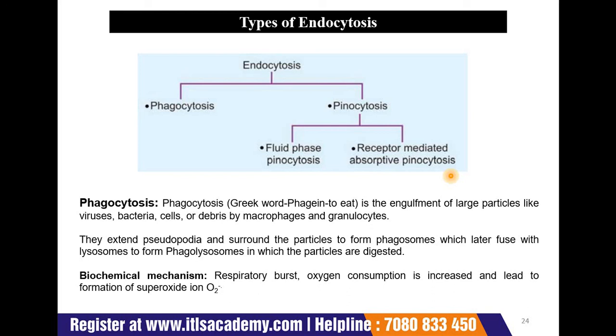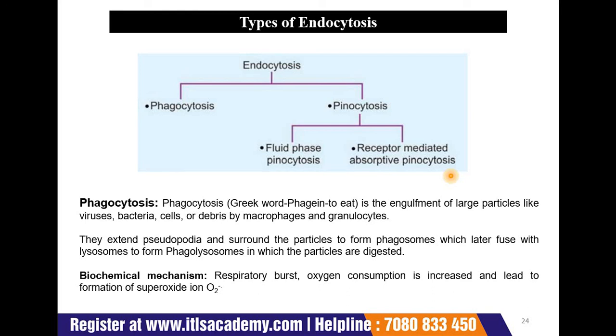Now first we will talk about phagocytosis. Phagocytosis means 'to eat'. It's basically the engulfment of large particles, for example virus, bacteria, cells, cell debris, by granulocytes and macrophages. They extend the pseudopodia.